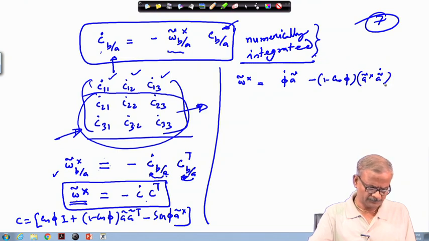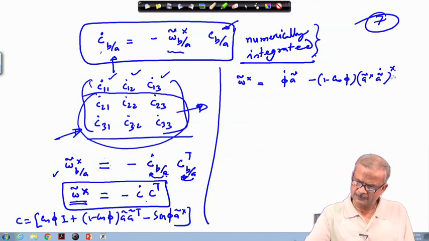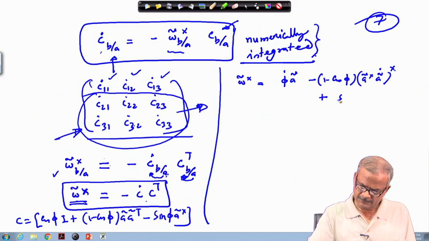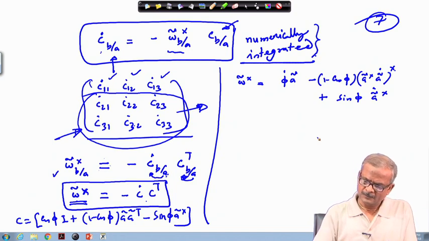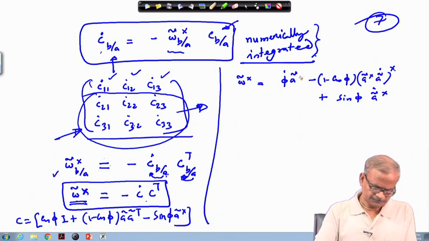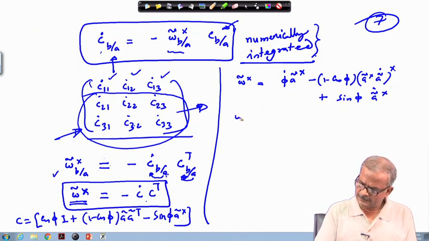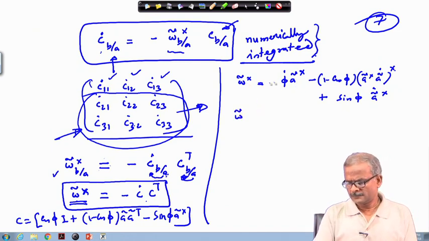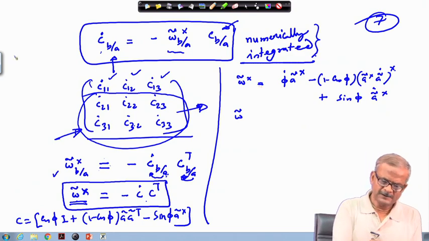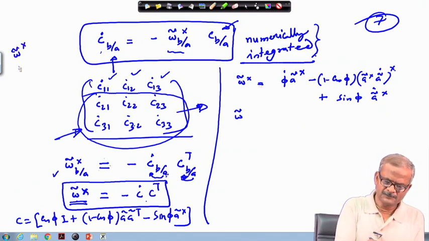dot cross plus sin phi times a tilde dot cross. Here also the cross is there. This omega tilde is basically a vector, and this cross means you are operating by this vector.